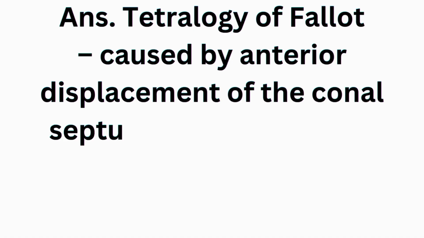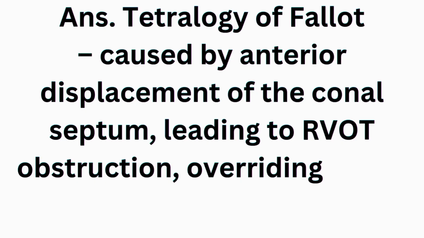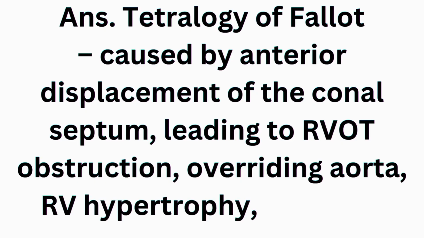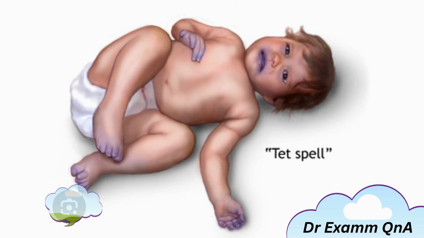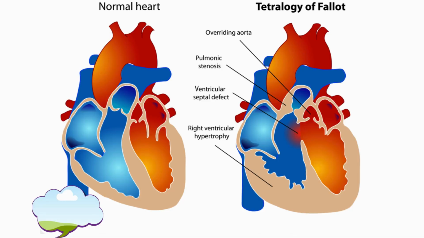Tetralogy of Fallot is caused by anterior displacement of the conal septum, also known as the infundibular or outlet septum. The anterior displacement of the conal septum leads to the right ventricular outflow tract obstruction, overriding of the aorta, leading to right ventricular hypertrophy and ventricular septal defect, because the conal septum fails to properly align with the rest of the ventricular septum.